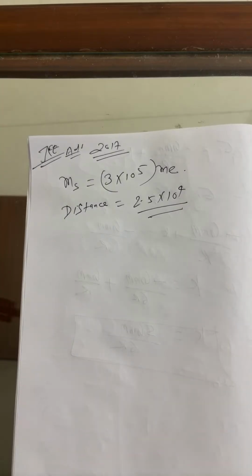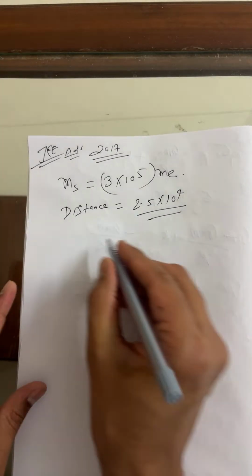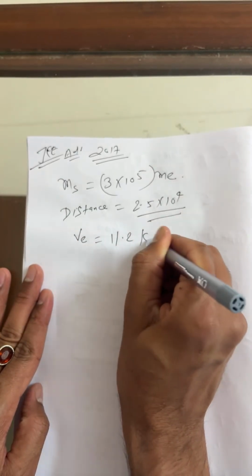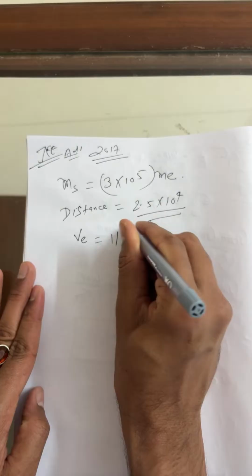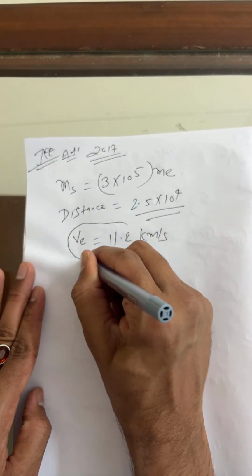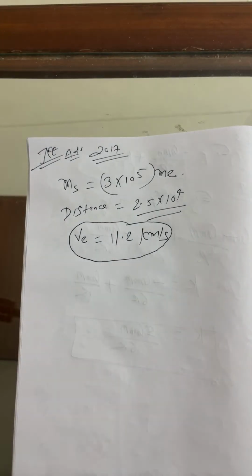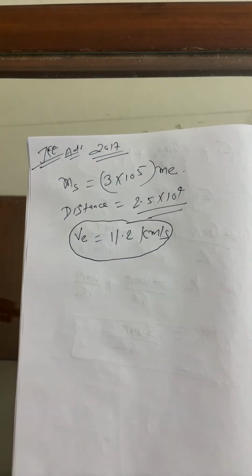The escape velocity from Earth's gravitational field is V_E, which is 11.2 kilometer per second. If you give this much velocity to any particle, it will escape the environment of the Earth's surface.